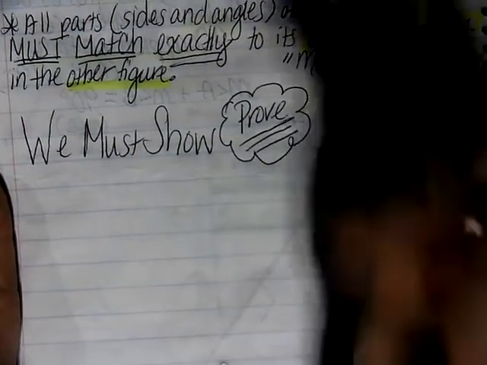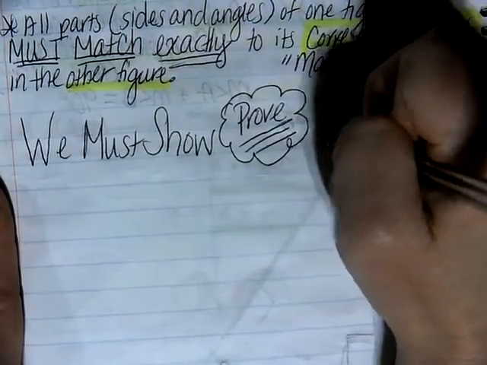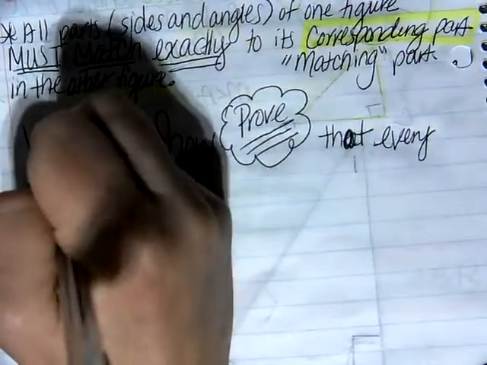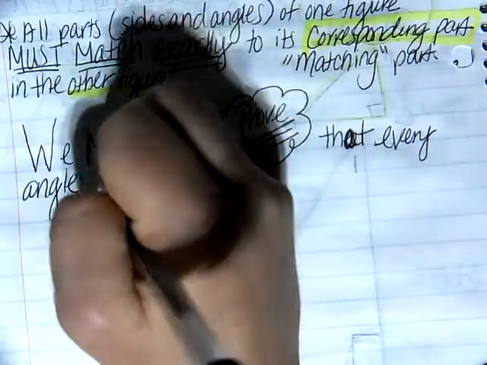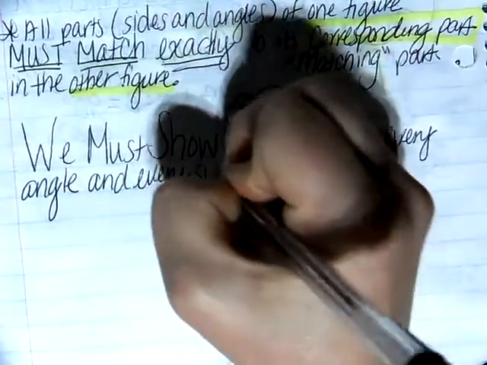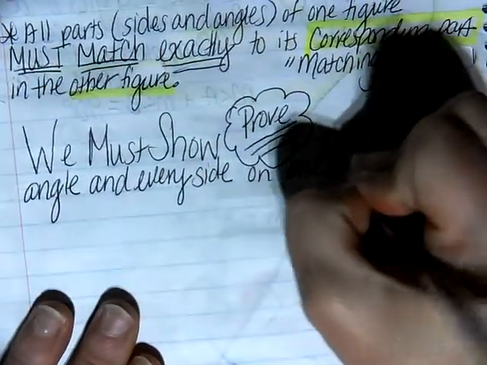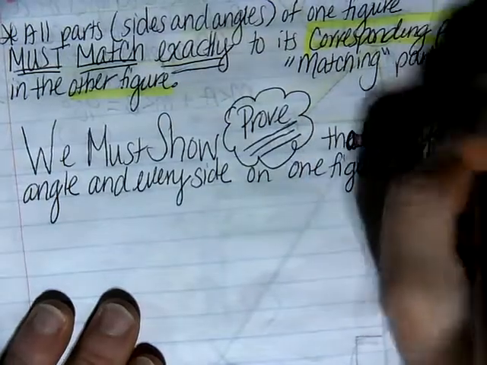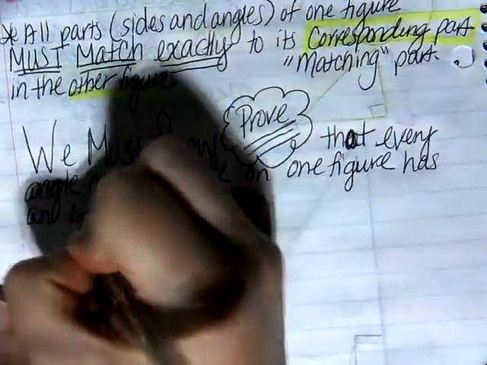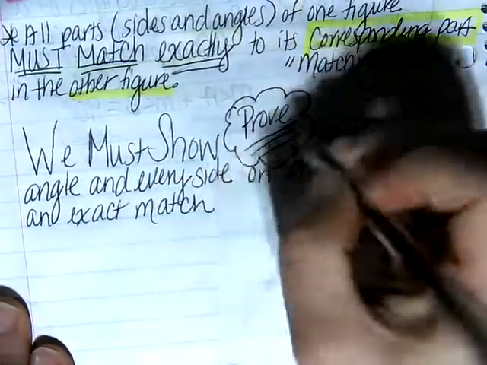We must show or prove that every angle and every side on one figure has an exact match on a second figure.